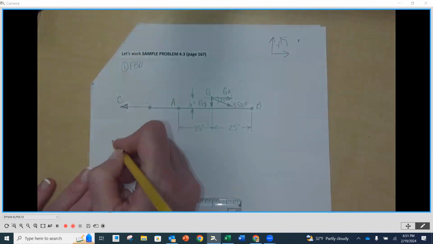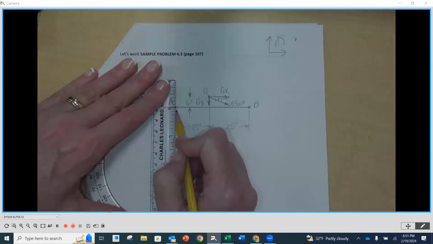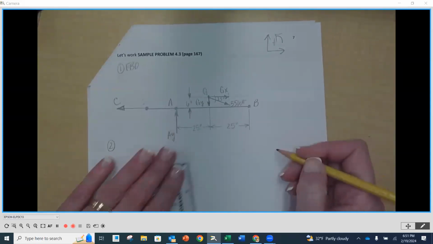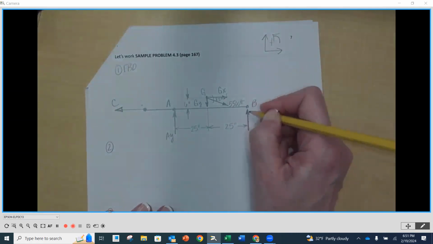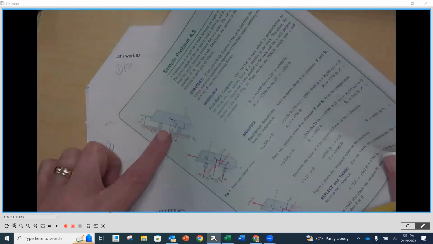So step number 2 is going to be using those equations of equilibrium to solve for the reactions at A and B and the tension in the cable. I forgot to put A and B in here, so let's put A. It's going to go this way, so we'll call this AY. And B is going to be here, because it's a roller, BY, because those are two wheels, A and B. Oh, I forgot one other thing.